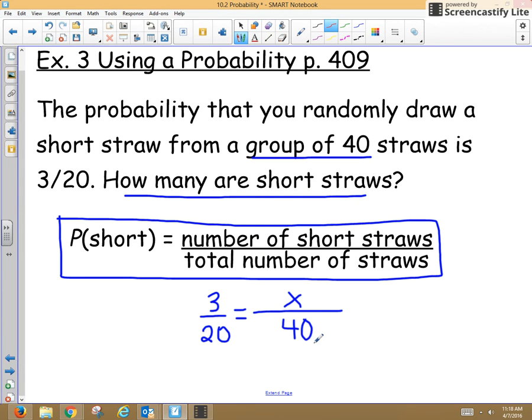So think about that for a moment. Hopefully you found 20 times 2 equals 40. And so to keep this fraction equivalent, you also multiply the top by 2. 3 times 2 is 6. So X equals 6 straws. So there are 6 short straws.